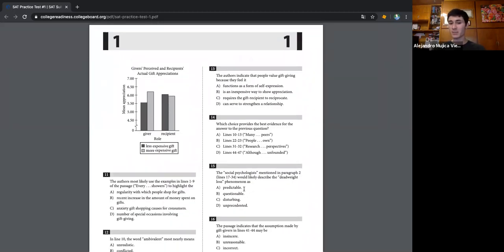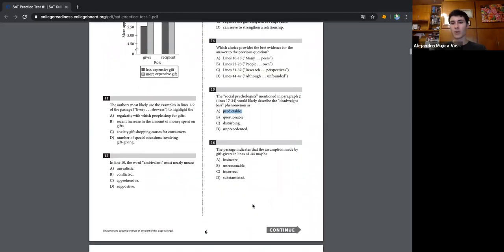So it would be predictable to them. And the key here is knowing who we're talking about, because economists might think another thing. Anthropologists might be surprised, might think it's unprecedented or questionable. So social psychologists specifically will think this about the debt weight loss phenomenon. Okay?